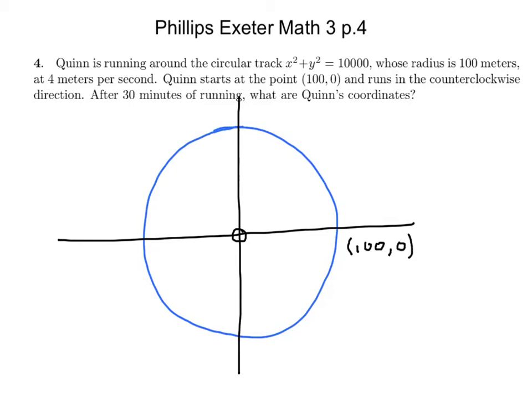And Quinn is going to run counterclockwise at 4 meters per second. Quinn's going for 30 minutes.